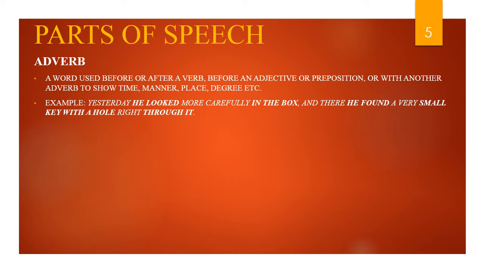There is an adverb of place. Very small, very is the adverb of degree. So these are adverbs which tell us when, where, and how an action takes place. So this is called adverb.